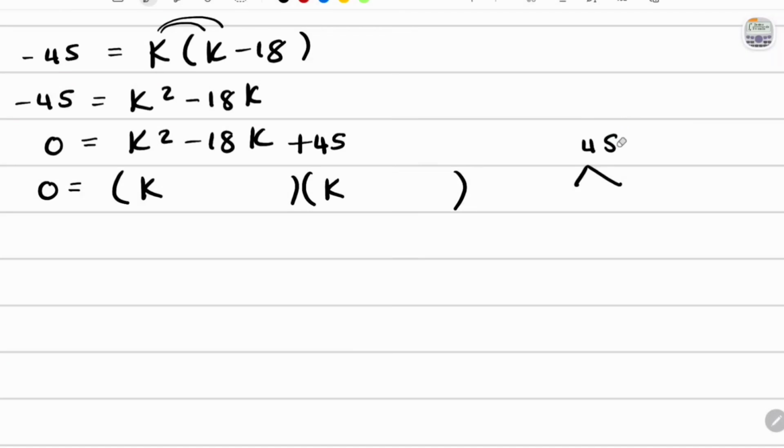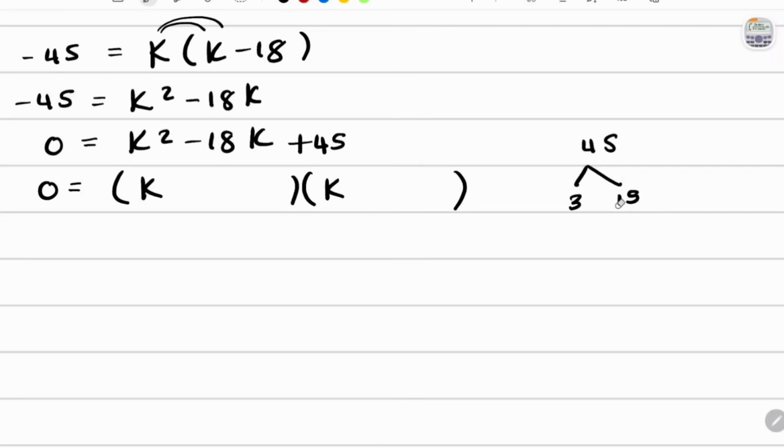Can 2 go into 45? No, but 3 can. So we can try 3 and 15. So 3 times 15 is 45. And when added together, they need to give you 18. So let's think about it. Remember, this is a positive 45. So if you're multiplying these two together, they need to give you positive 45. But when added, they should give you negative 18.